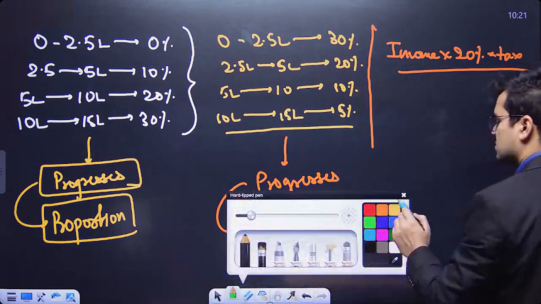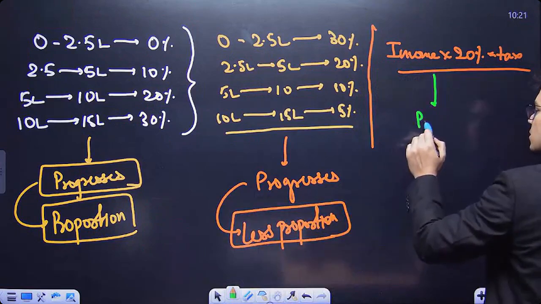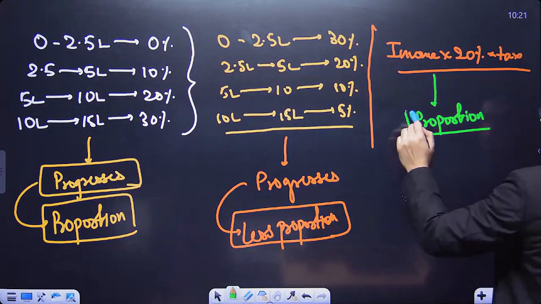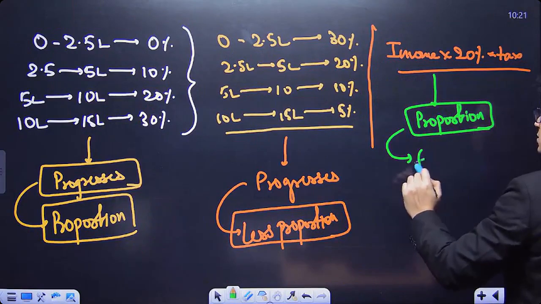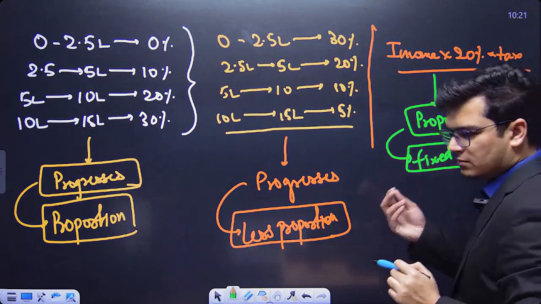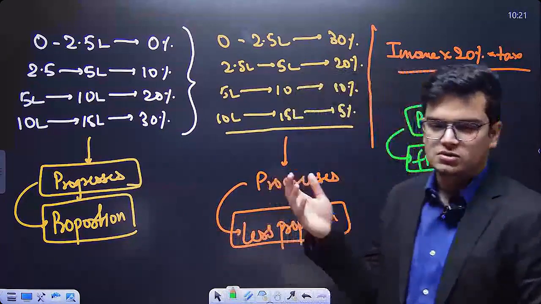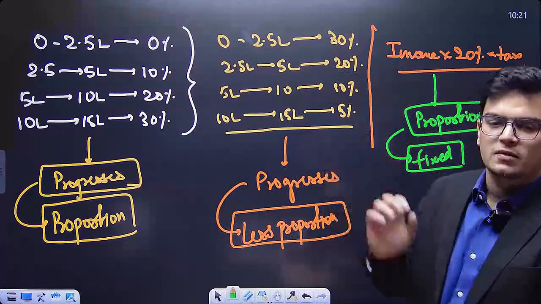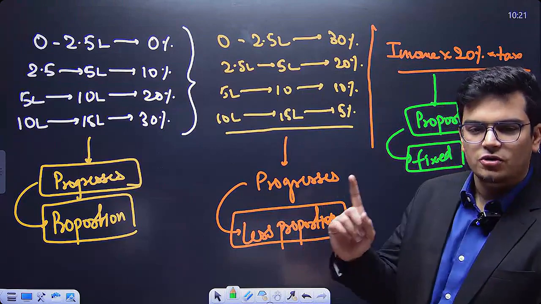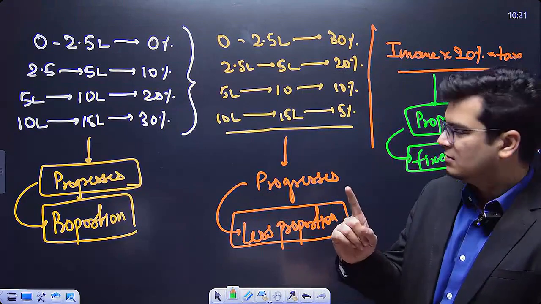Proportional taxation system means the proportion of tax that you pay is fixed. Even when your income goes up or down, the proportion of your income is fixed. Right?